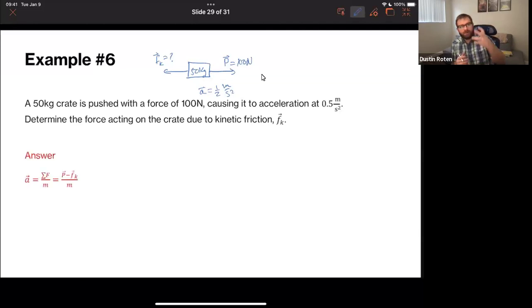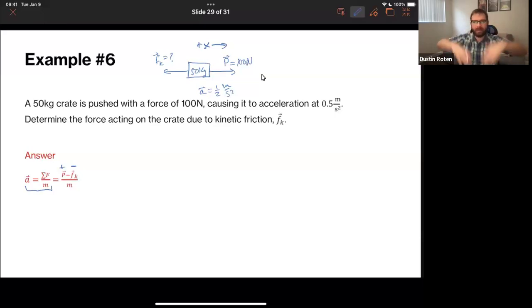Let's use Newton's second law. Newton's second law says that acceleration equals the net force, the summed forces, divided by mass. We're going to call the positive x direction to the right. So I know my push is positive. My friction always has to be opposite, so that has to be negative. I've got my forces in there.